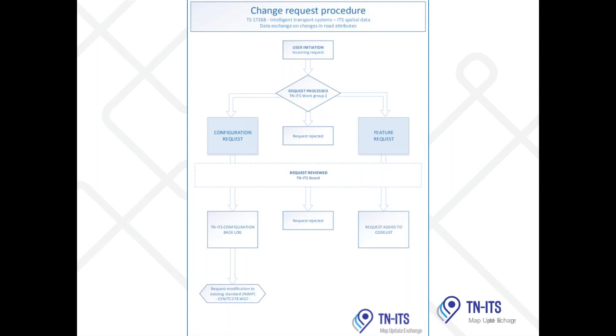This is a cycle that the CEN process has. This TNITS specification is under TC 278 and Workgroup 7, which is for the ITS domain. I think that was pretty much what I wanted to say about the request procedure.